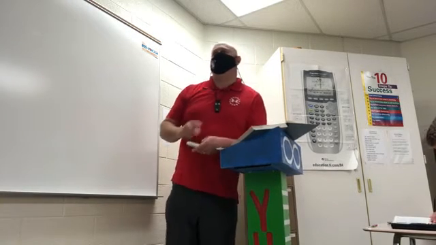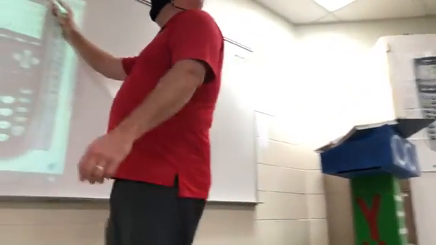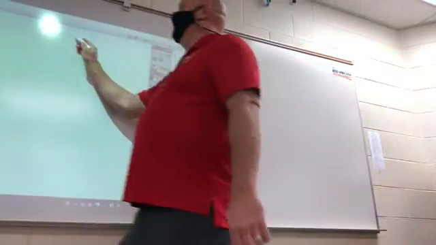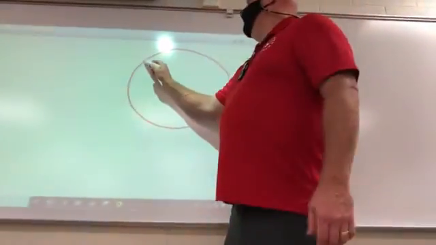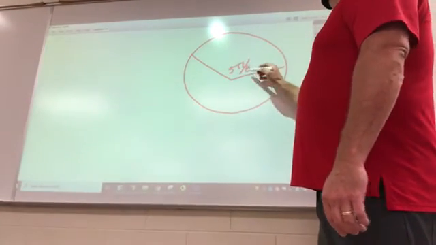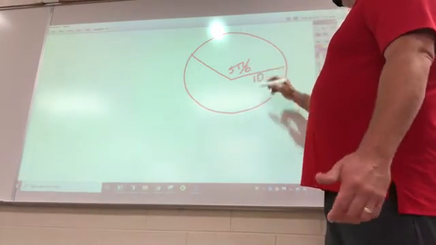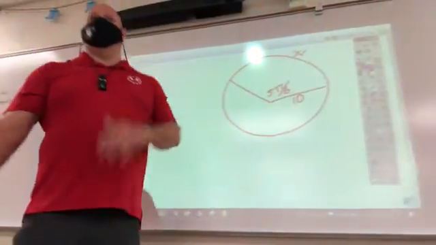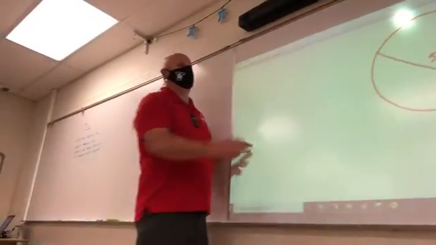How do you find an arc length? If I say I have a circle and I give you 5 pi over 6 and I say a radius of 10, how do I find that arc length? What's the only thing I really have to do here?